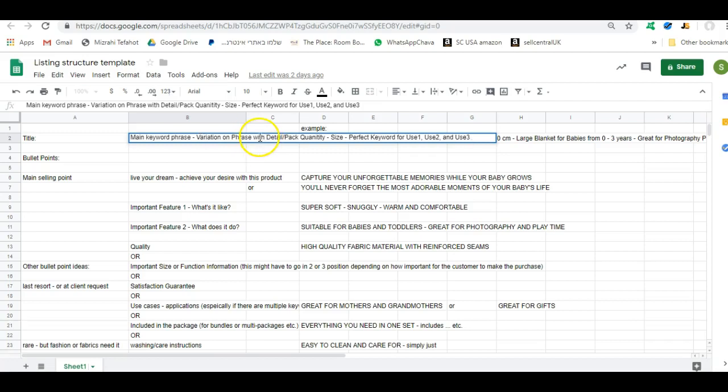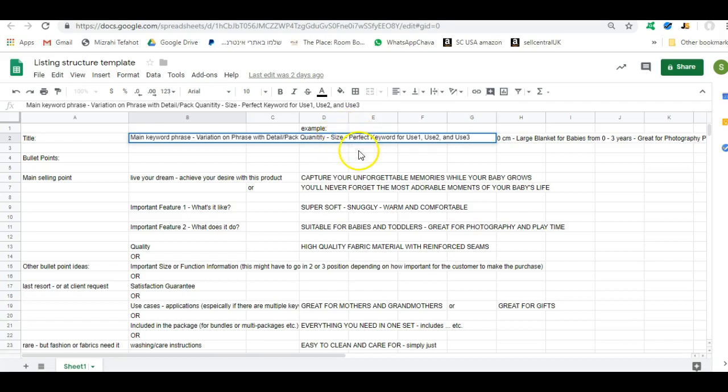To make it flow, I would then add a detail about the product, or a package quantity, or some other detail. Then I could add these little dashes and put in the size.